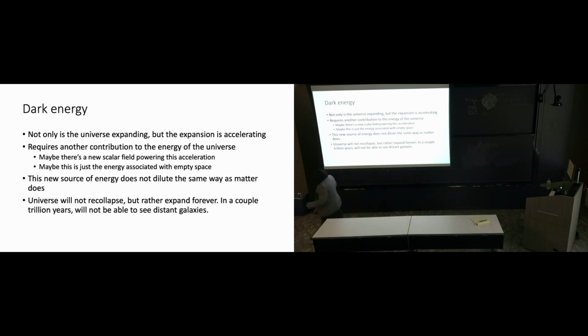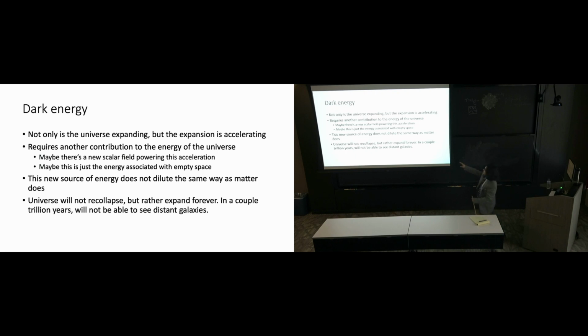So indeed, this was quite a surprise to most theoretical physicists and observational physicists. But it is the case that the expansion of the universe is accelerating, and that does require that there is some other component of the energy in the universe which behaves a bit differently from the standard model and from dark matter.